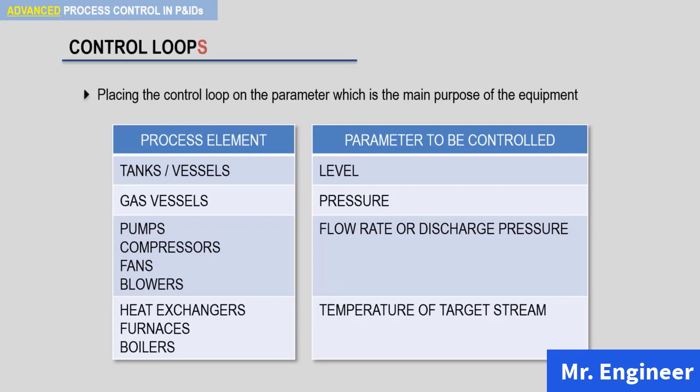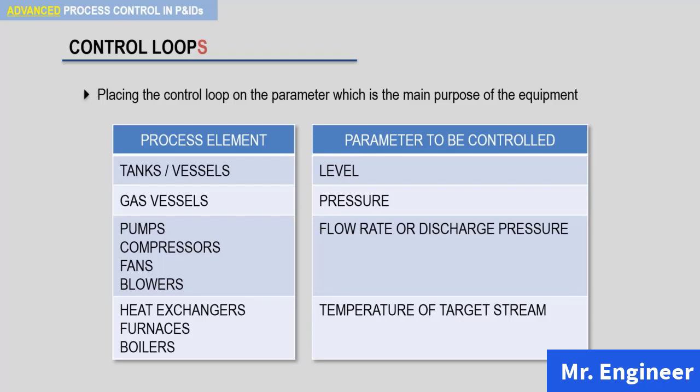For moving or rotating equipment like pumps, compressors, fans, or blowers, the parameter to be controlled is the flow rate or the discharge pressure. Sometimes it is both. And finally, for heat transfer equipment like heat exchangers, furnaces, and boilers, the parameter to be controlled is the temperature of the target stream. We'll see this in detail further ahead.